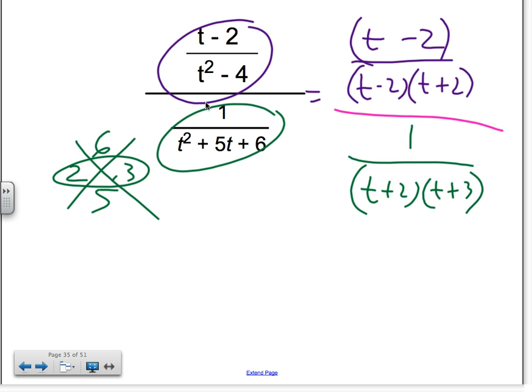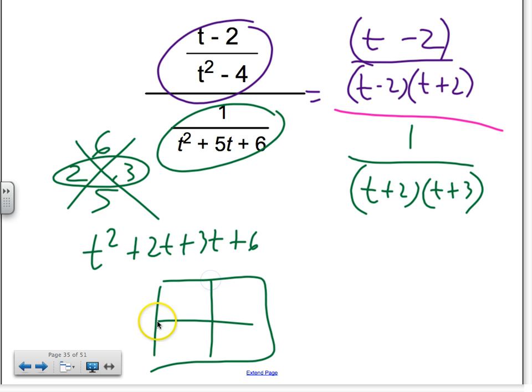With the box, we write this as t squared plus 2t plus 3t plus 6. If you know this already, you don't have to write it, you just fill in the box. I got t squared, 2t, 3t, 6. What can I take out here? T. And here? 3. So we pair it up, 2 and 2, right? Check. And that's how we got t plus 2, t plus 3, right there.